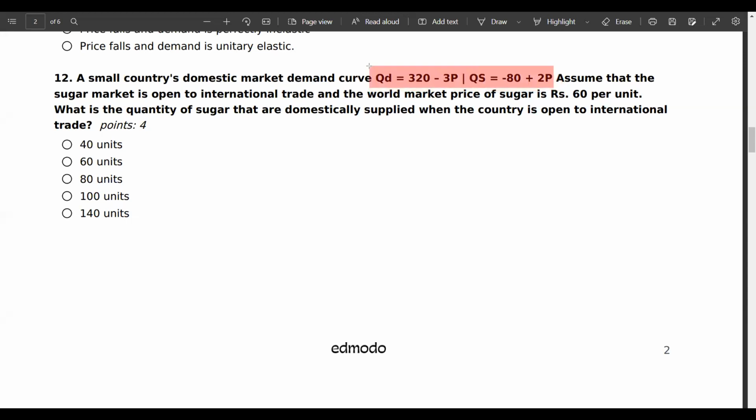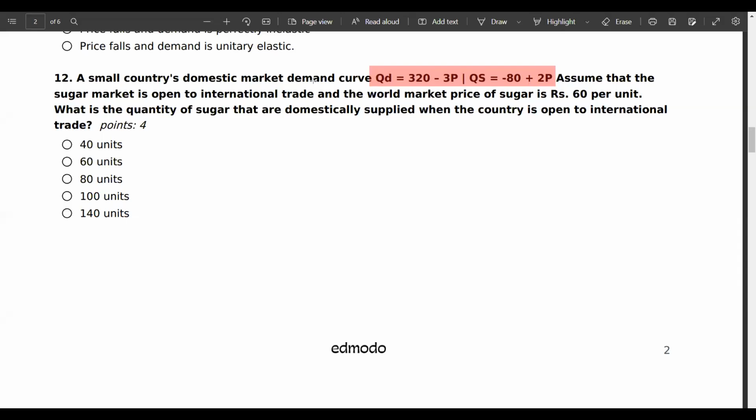Supply is given as minus 80 plus 2P. Assume that the sugar market is open to international trade and the world market price of sugar is ₹60. What is the quantity of sugar that is domestically supplied when the country is open for international trade? That is the question.